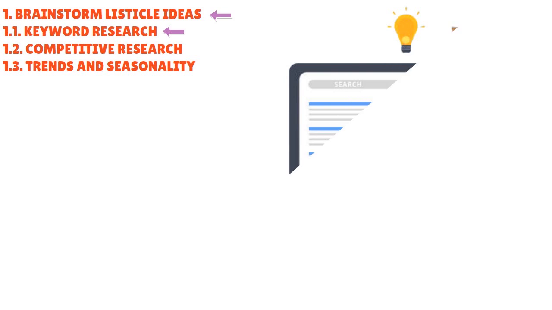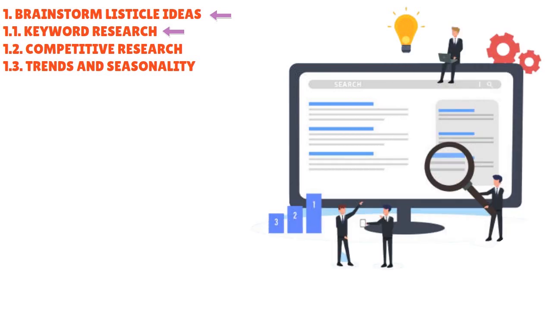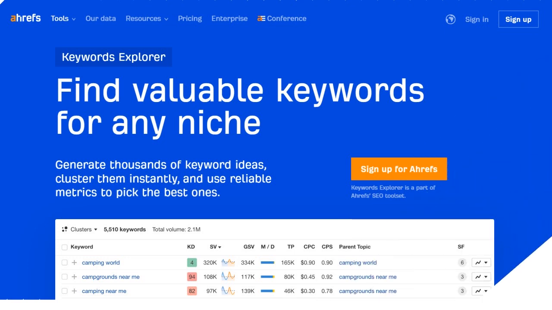And the cool thing is that lots of search queries out there imply enumeration of multiple options. All you need to do is look out for them. So you want to look for the following or similar keyword modifiers like top, best, new, free, and Ahrefs Keyword Explorer makes it easy to identify those keyword modifiers.